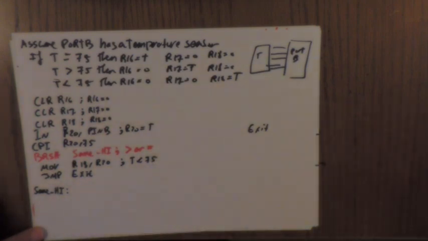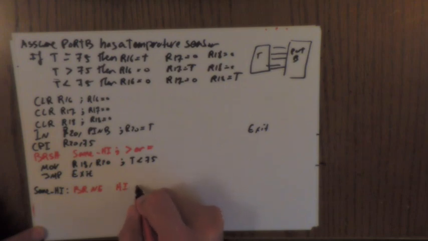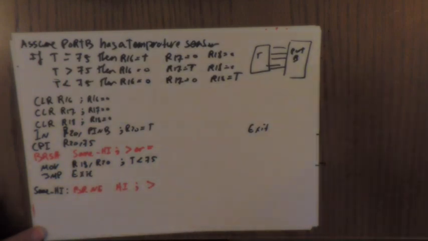I'm gonna do BRNE, branch not equal, higher. So in this case, I'm saying that it is greater because it's not equal to 0. The only case now that's available for me is that it's higher. So if it's not higher, then of course it's equal to 0.